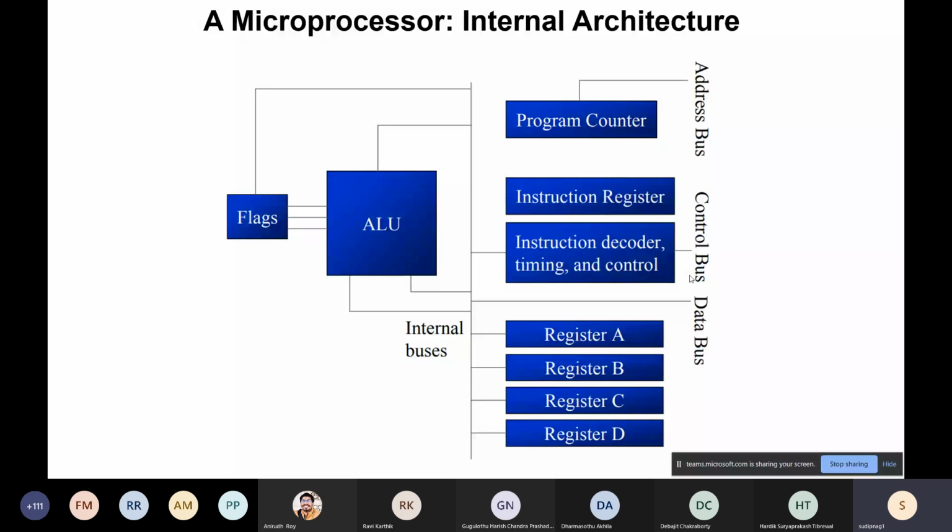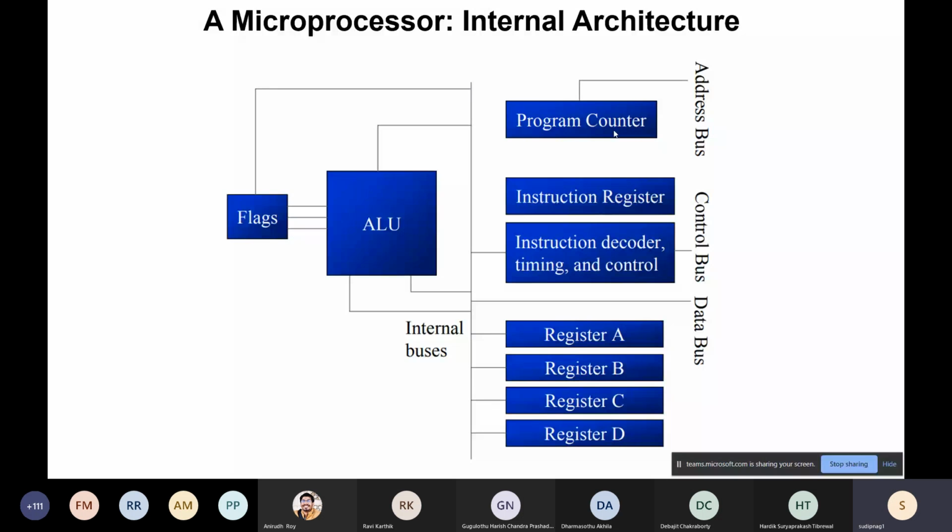The first byte has come and we have decoded it, but the second byte is also required before starting the execution. For that to happen, your timing and control will tell the program counter, and look at the name, counter. A counter will increment or decrement, and the program counter is only trying to point to the program space in the memory. So timing and control will tell the program counter to increase by 1.